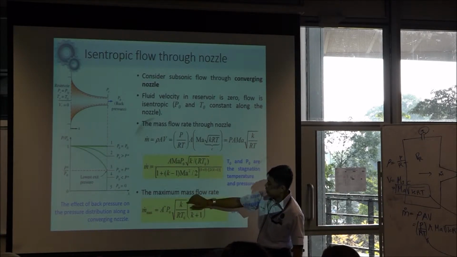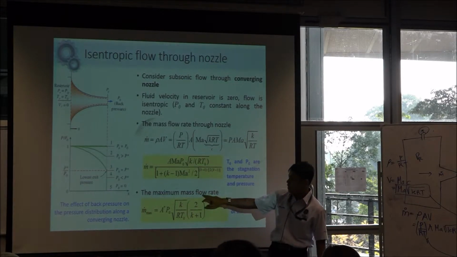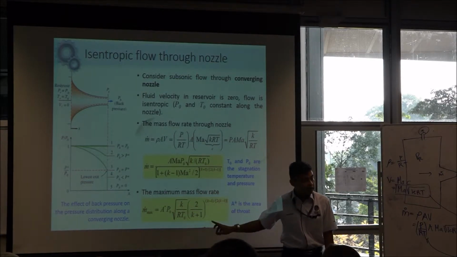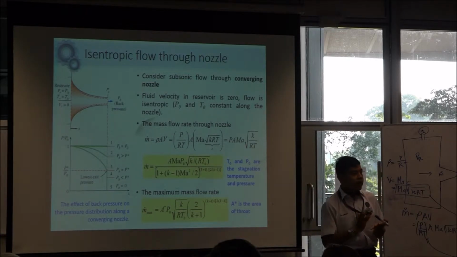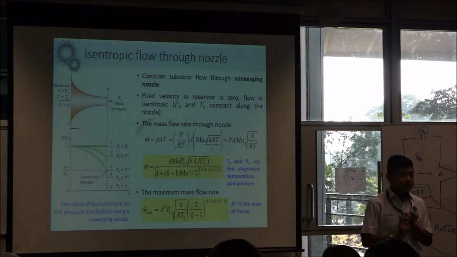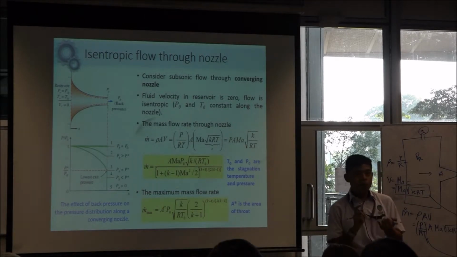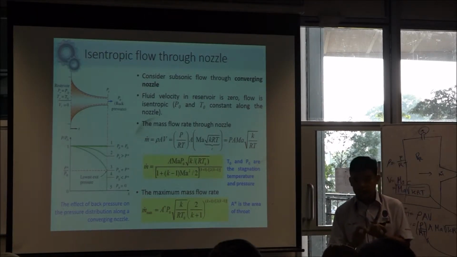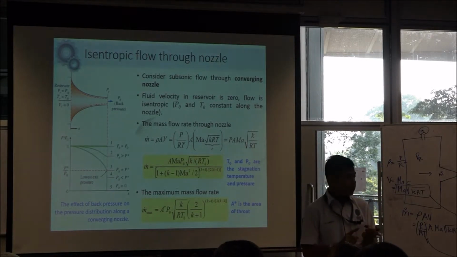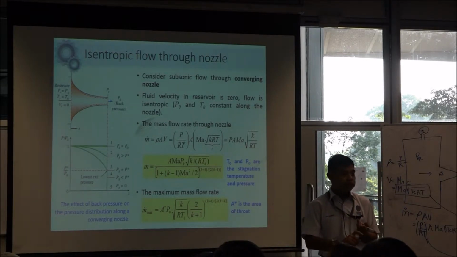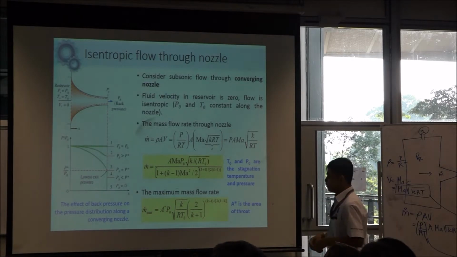You get this, okay, which is the maximum mass flow rate through a nozzle. So what's the condition you can reach this maximum flow rate? When you reach the critical condition. Right? So it will only happen in the throat when the Mach number is unity, 1. Okay?